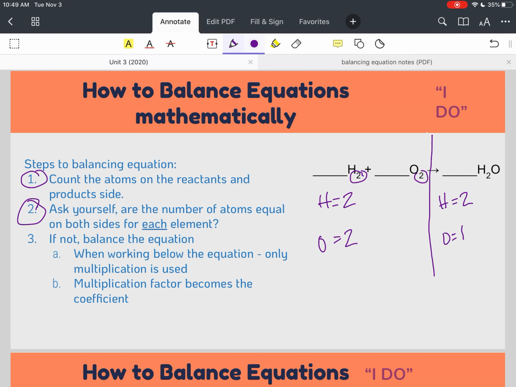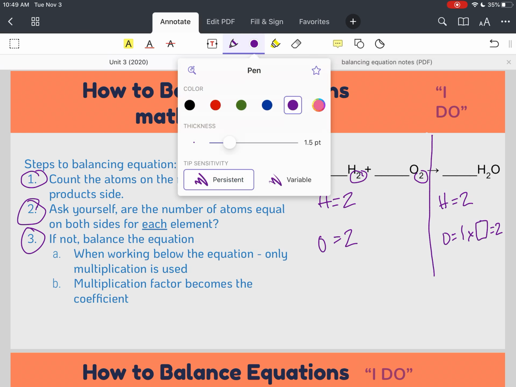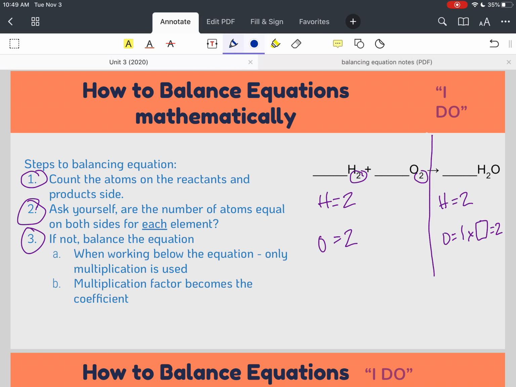So now I need to look and say, is it balanced? Well, I can see that it's not. My oxygens are not equal. So now I'm going to balance. The way that I do that is I ask myself, 1 times what is equal to 2? Well, 2. Whatever number I put in the box, I put on the line. So now there's 2.